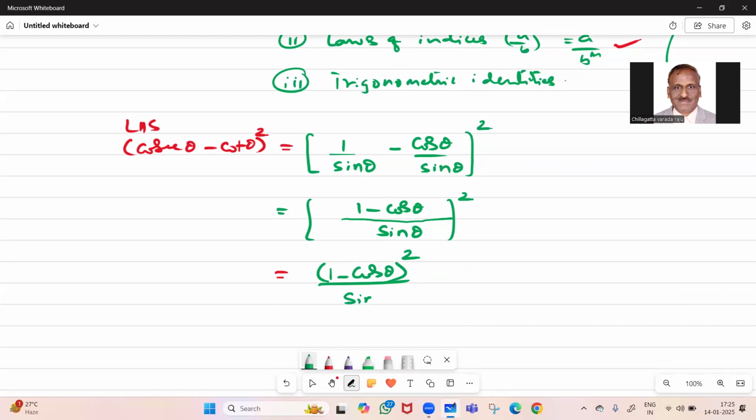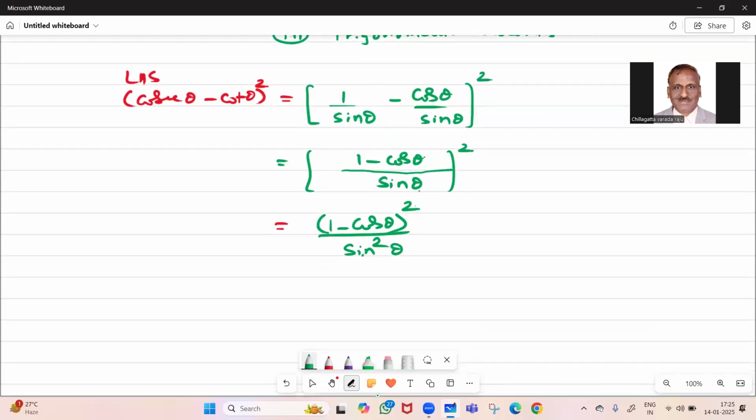Can't you write it as sin square theta? It is in the form of (a/b) to the power of m, that is a to the power of m by b to the power of m. Sin theta whole square can be written as sin square theta. Now (1 minus cos theta) whole square can be written as (1 minus cos theta) into (1 minus cos theta), since (a minus b) whole square is (a minus b) into (a minus b). In the denominator, according to your first identity, sin square theta plus cos square theta is equal to 1.